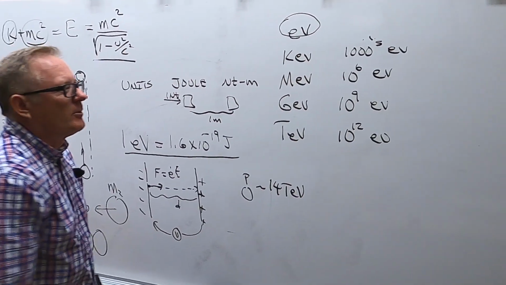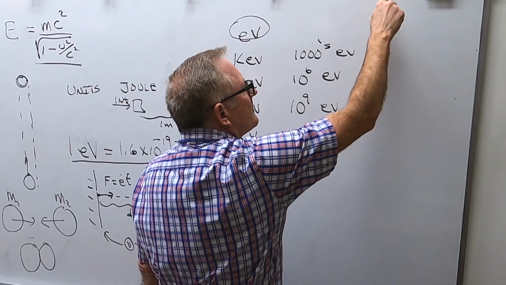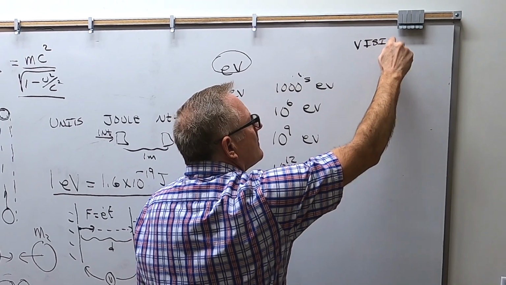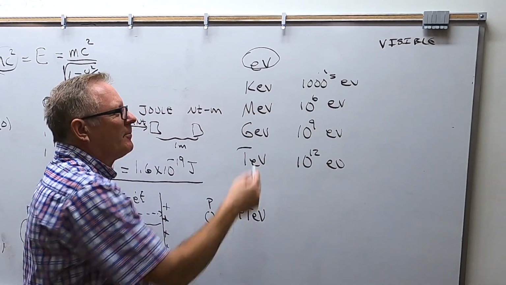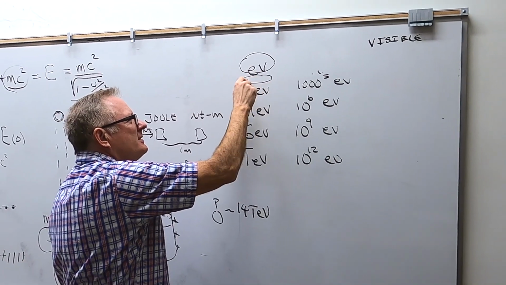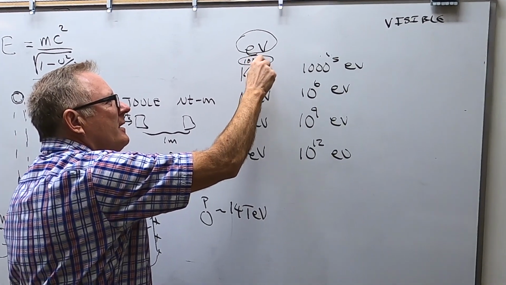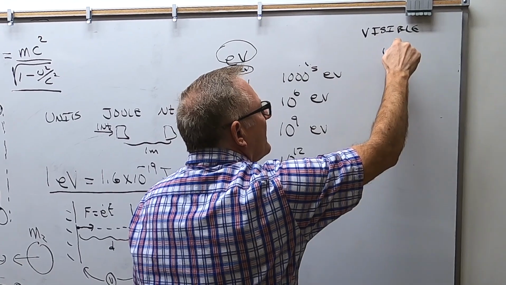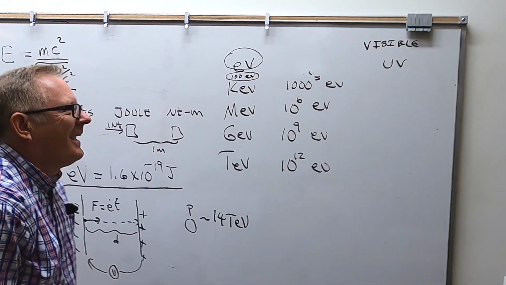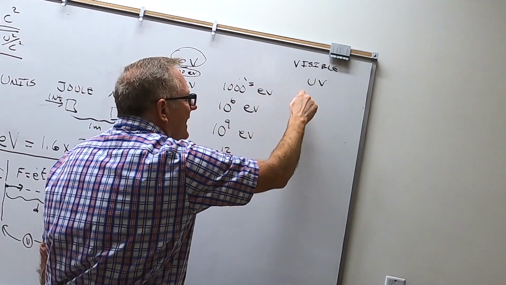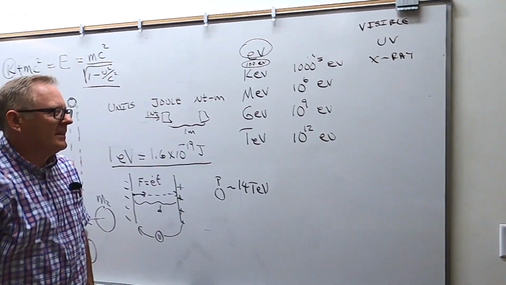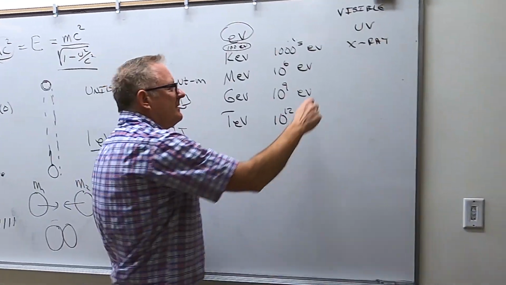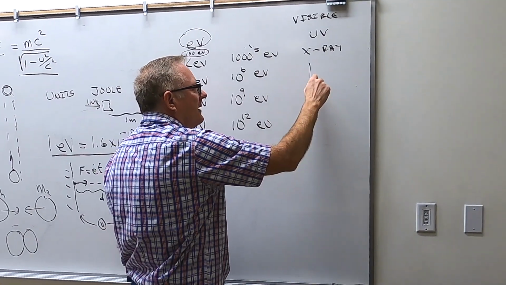That's the visible part of the spectrum. The ultraviolet part of the spectrum is in the hundreds of eV. And keV is usually the X-ray part of the spectrum, and the rest of these are in the gamma ray part of the spectrum.